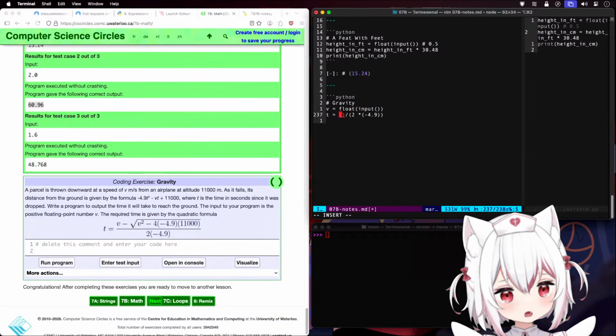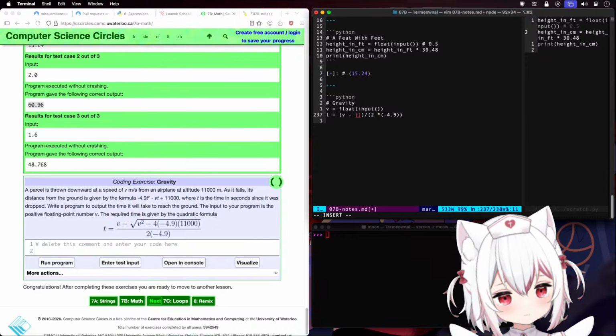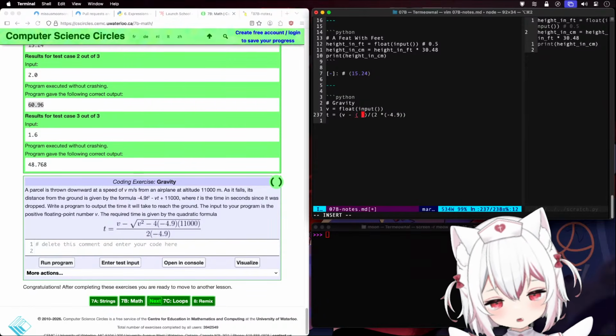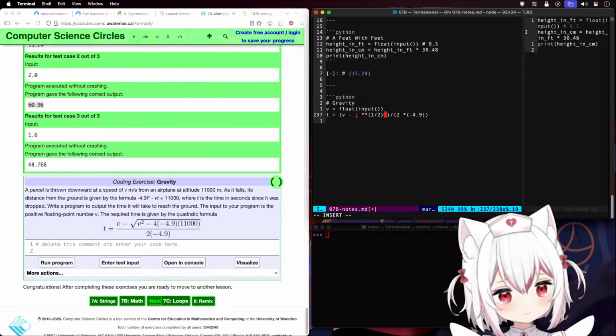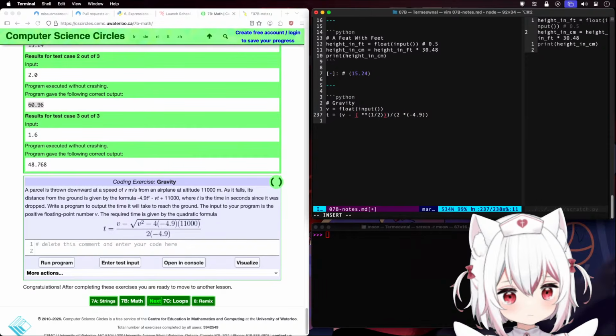And then on top, we have this whole thing with v minus some whole thing, which is a square root, which is going to be raised to the 1/2. But what thing is going to be raised to the 1/2? Oh man, I'm already confusing myself with these parentheses. Okay. This one closes the 1/2.